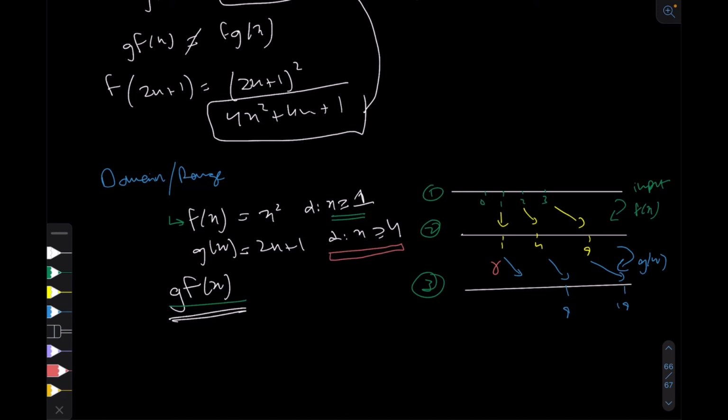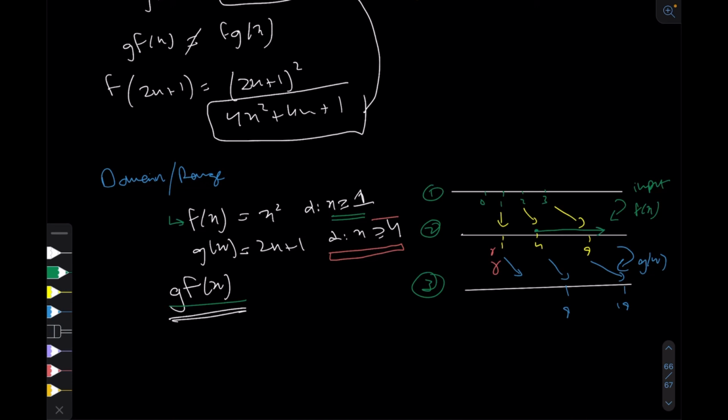When you look at the domain of g of x, it is x greater than or equal to 4, and what it means is that it will only take values that are greater than or equal to 4. 1 is certainly not greater than or equal to 4, right? So it will only take values as long as they're somewhere over here.